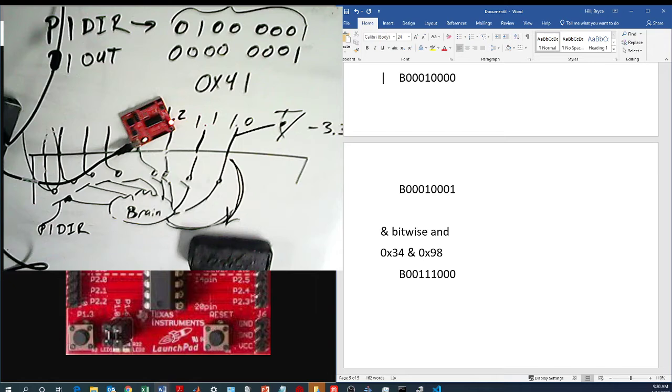And then we're going to AND binary 1, 0, 0, 1. Oh, I did this wrong. Sorry, some of you are confused. And then this one is 1, 0, 0, 0. That's the 9 and the 8.